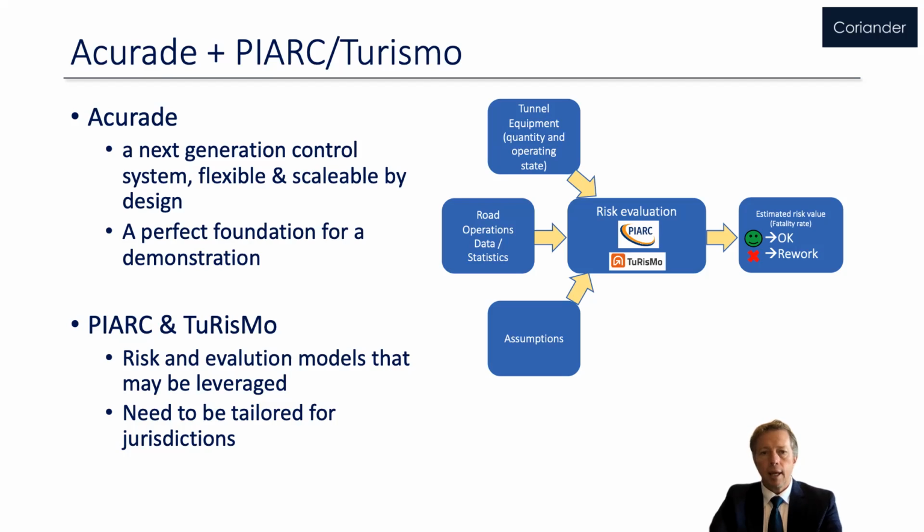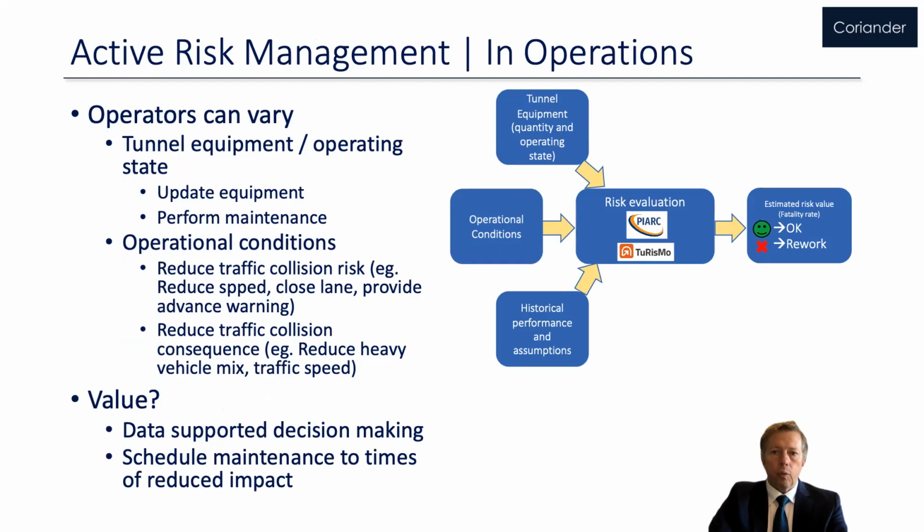These data sets and risk evaluation models provide a framework so that you can take tunnel equipment, quantity and operating state, road operations data and statistics, which of course vary by jurisdiction, and a set of assumptions to be able to complete that risk evaluation and say, am I in the acceptable region or not? So the first question was, how is this going to work and help us in operations? Is it something that would be useful?